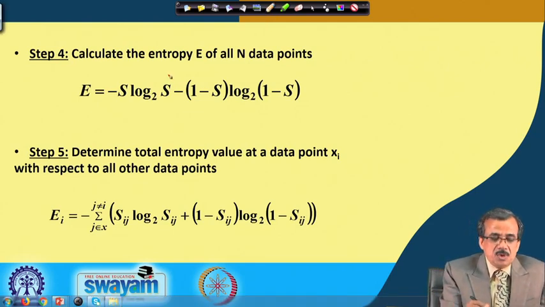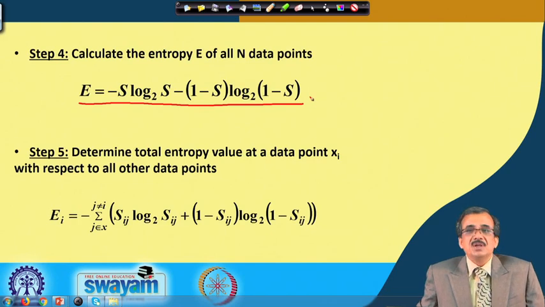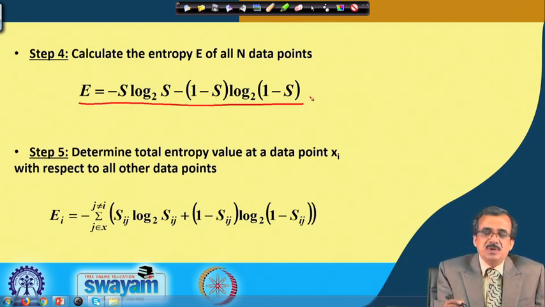So, what we do is we use this particular expression in step 4, and remember one thing. This particular expression has been designed based on one philosophy. Now, I am just going to discuss the philosophy, which is the reason behind defining this relationship between entropy and similarity.